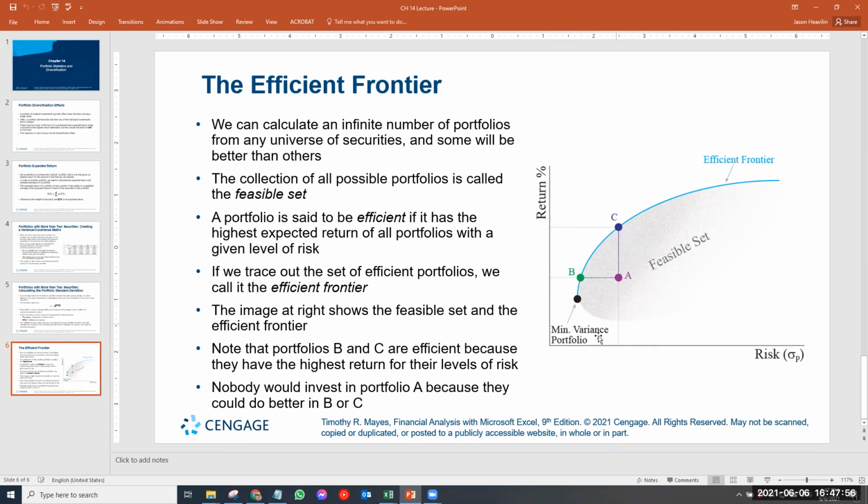So for this level of risk, you should not choose A, you should choose C because you're getting more returns for the same risk. So to recap, A versus B: you can get the same returns for less risk. A versus C is more returns for the same risk. Same returns for lower risk, higher returns for same risk.